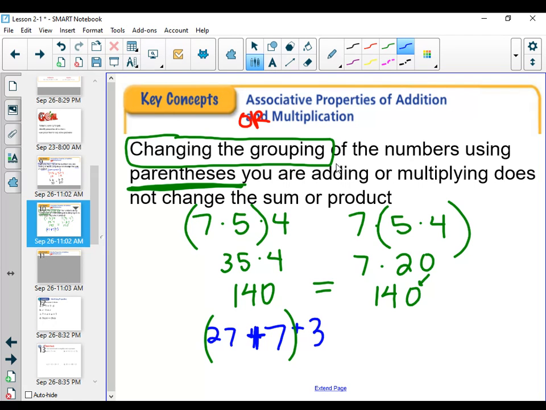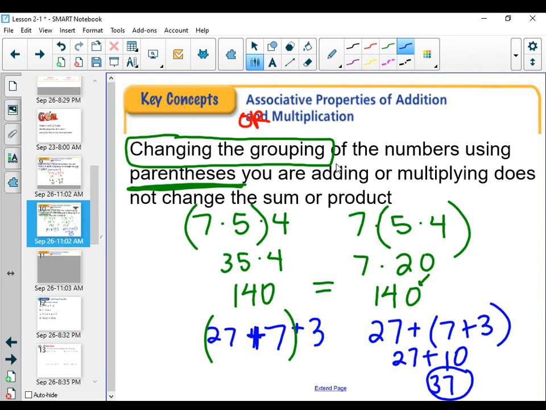So wouldn't it be nice to change the group? 7 plus 3 is 10. That wasn't hard for me. 10 plus 27, 37. That wasn't hard for me. Guess what I would have got on the left side? Also 37. Changing the group does not change the answer.